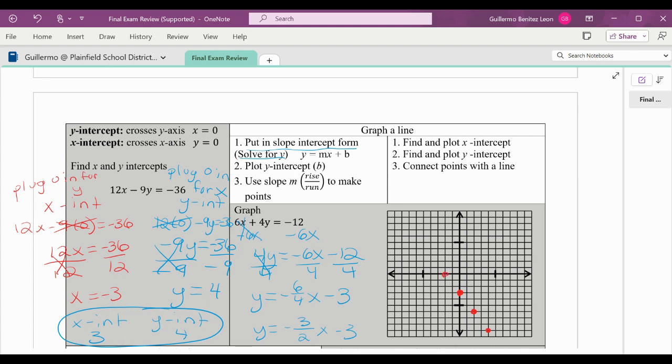I'm also going to go in the opposite direction just to make a perfectly straight line. And come up. That's how you graph an equation that is in standard form. Solve for y and then graph it like that.